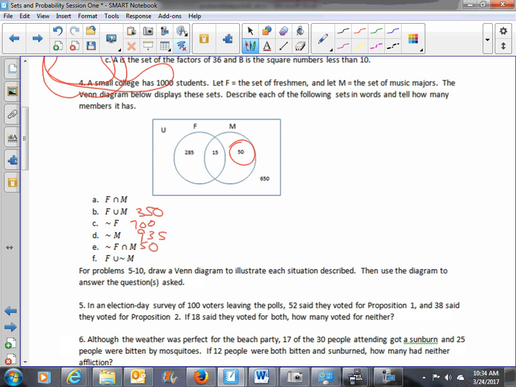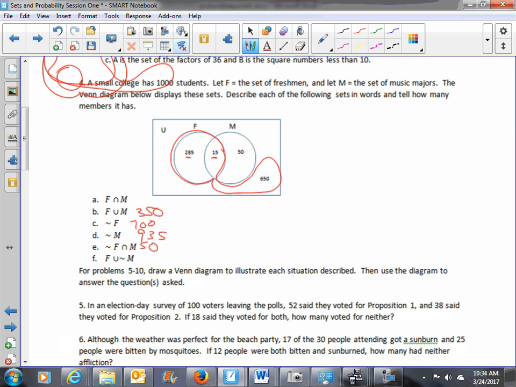And then finally, F union not M. So that one would be everything that is in F unioned with everything that was outside of M. So it would be this 285, this 15.